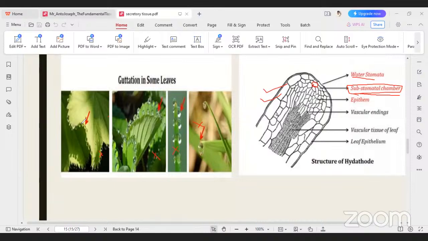Also, through guttation, some minerals are lost along with the water, but in transpiration only water is lost, not minerals. So these are some differences between transpiration and guttation. Right. Next one. This is important for the short answer. Remember.